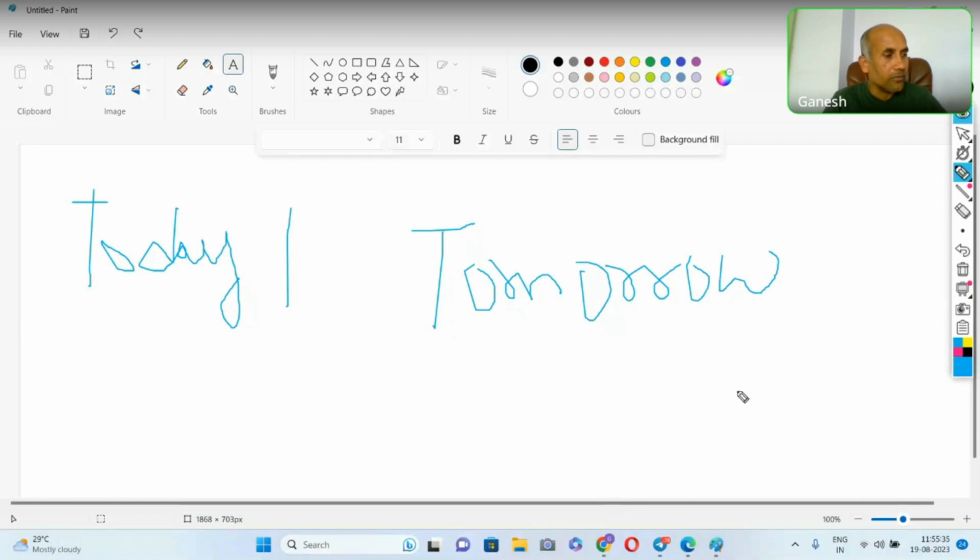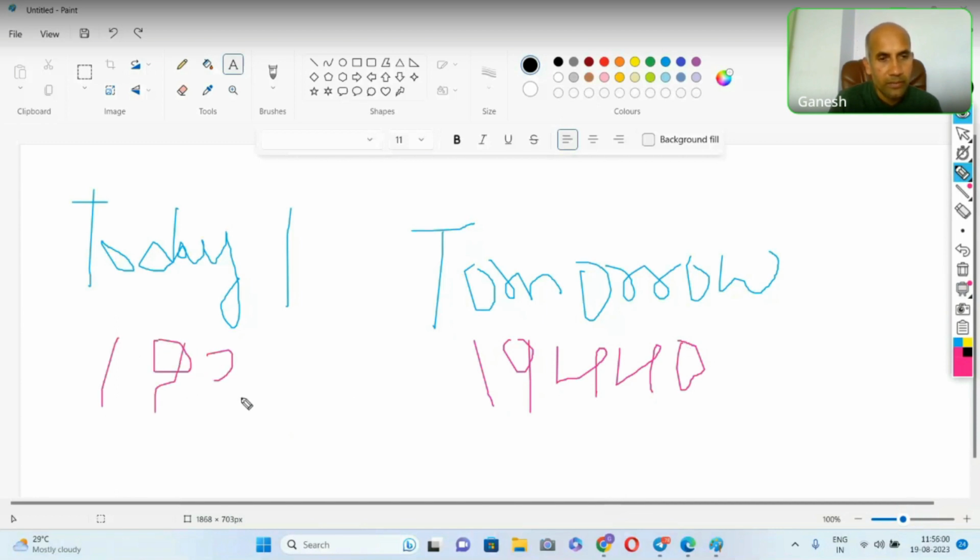Okay. Now, let us understand the next activity. We know that most of the FIIs are assuming that 19,440 is the highest and 19,200 is the lowest.